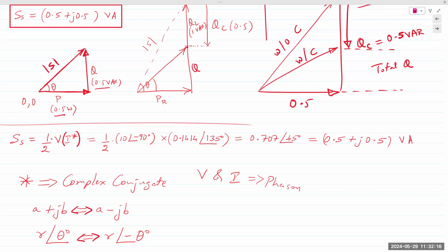You have the voltage, you have the current. Plug the values into this equation, and you obtain the exact same answer, 0.5 plus j 0.5. One-step answer. This is the third approach to finding the total power.